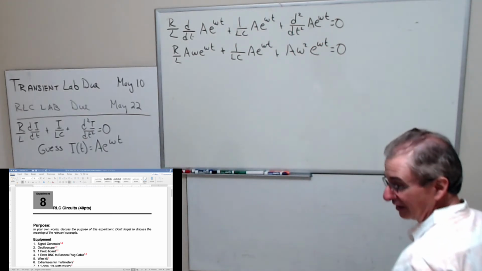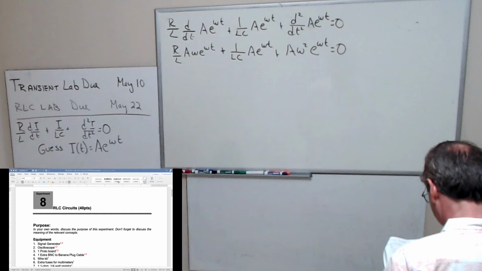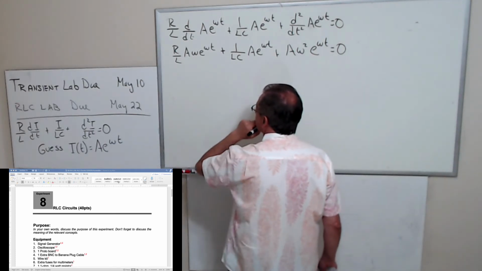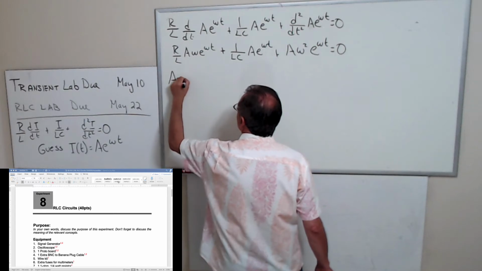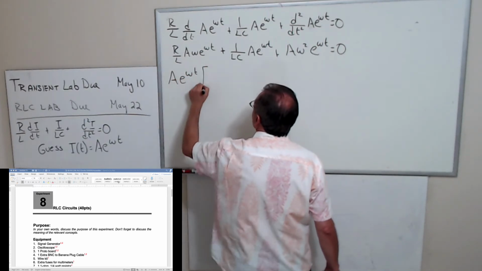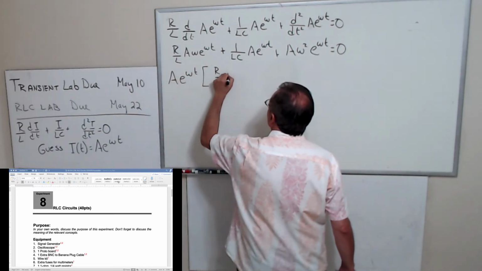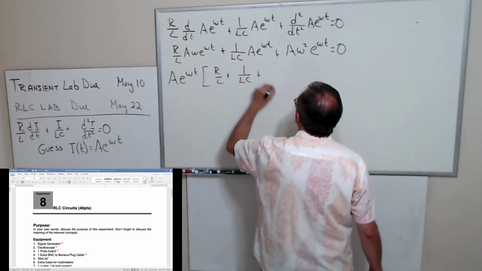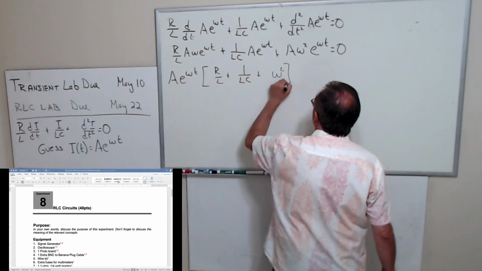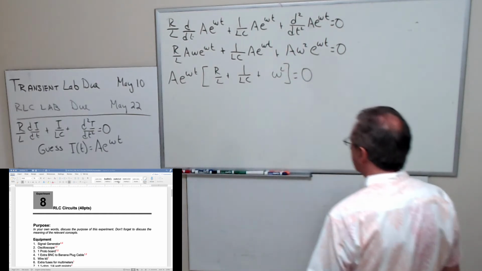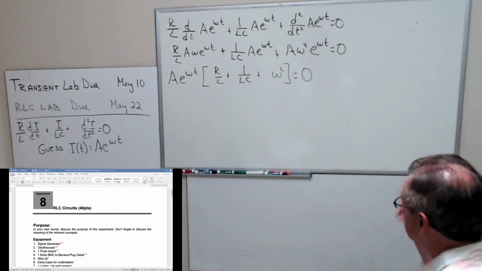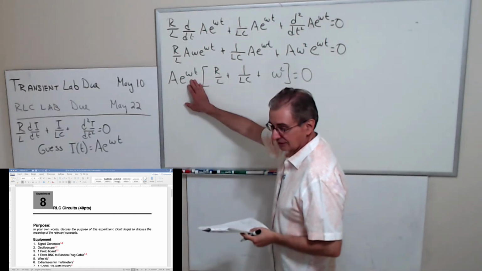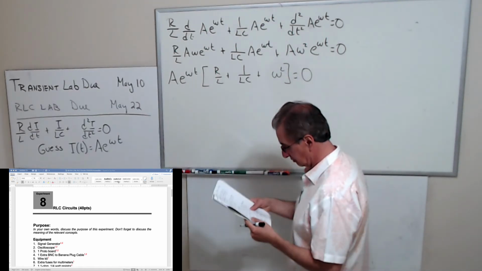Look okay so far? And I'm going to factor the A e to the omega t out. In order for this to always be 0, for any value of time, the thing in the brackets has to be 0.